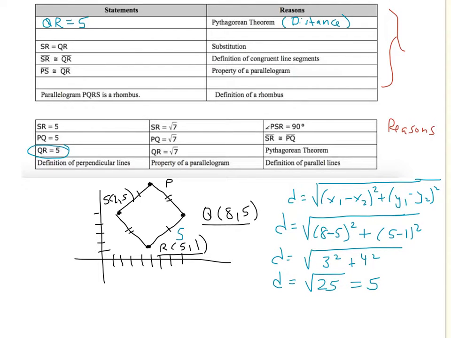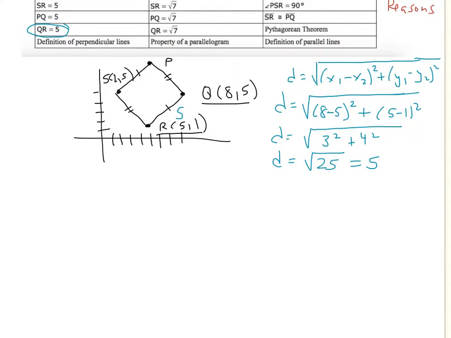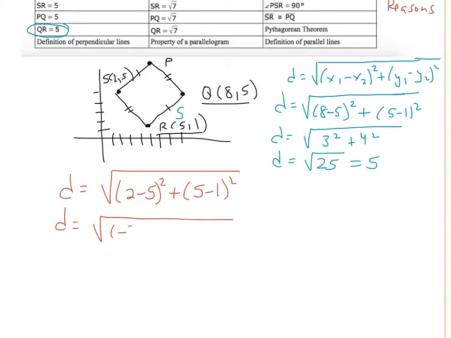Okay, now I'm going to try to find the distance in our other ones. I'm going to find the distance between S and R. We have (2, 5) and (5, 1). So it's the square root of (2 minus 5) squared plus (5 minus 1) squared. That's negative 3 squared plus 4 squared, which turns out to be the same thing.